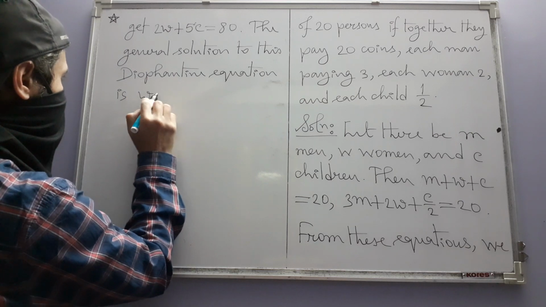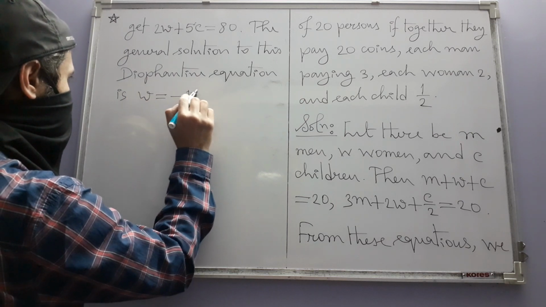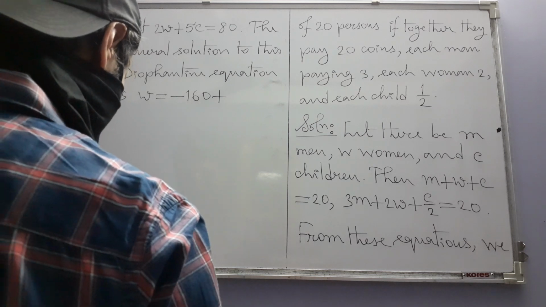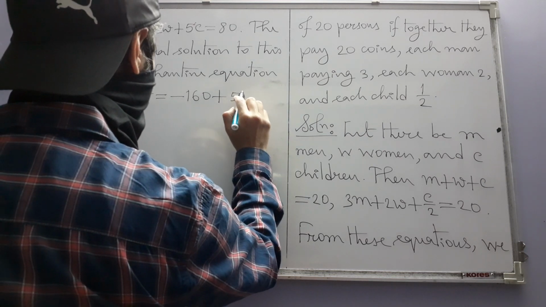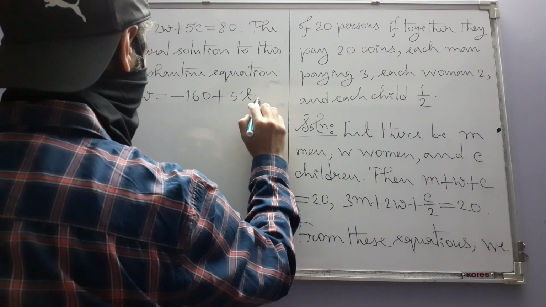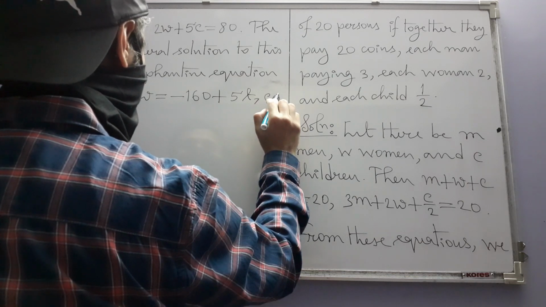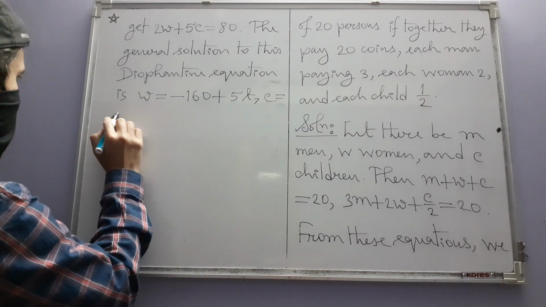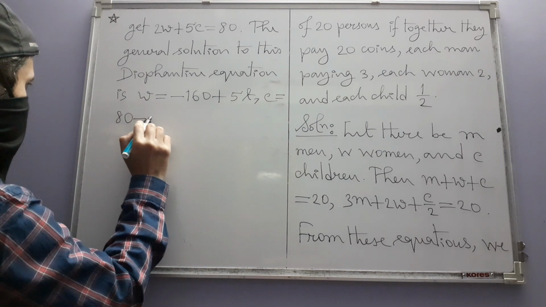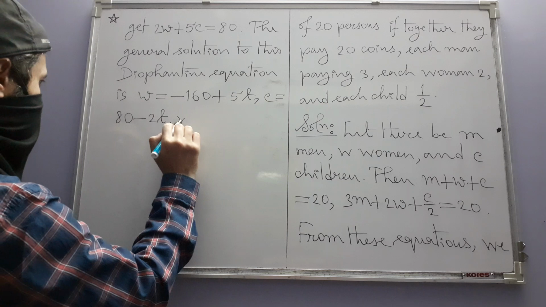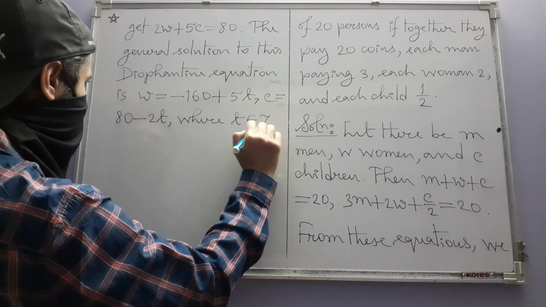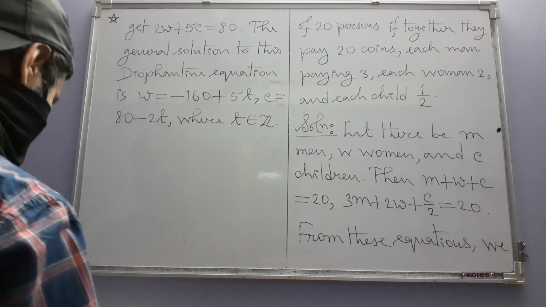W is minus 160 plus 5t, and C, the number of children, is 80 minus 20 minus 2t, where t is an integer.